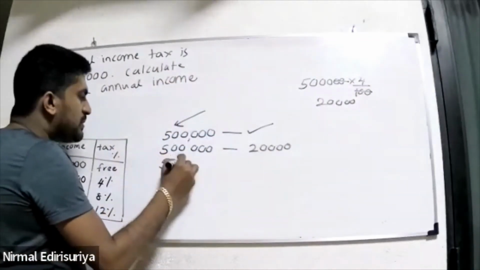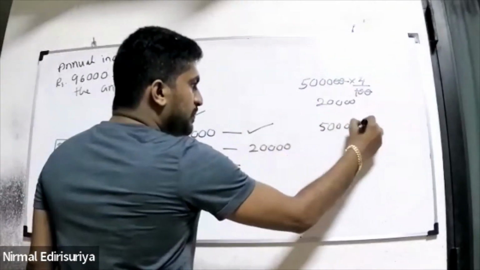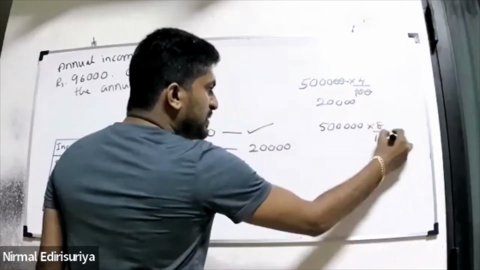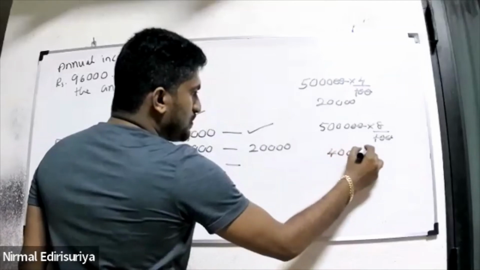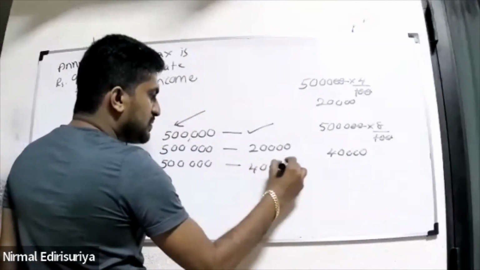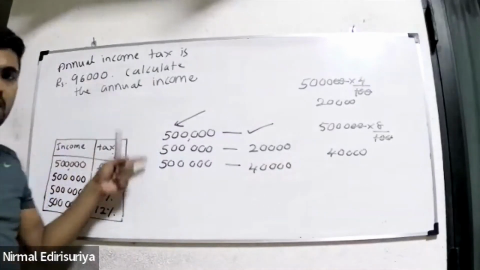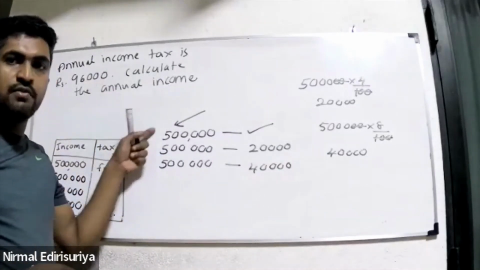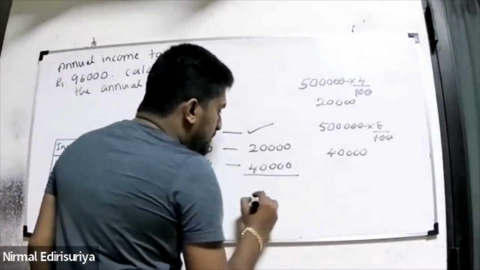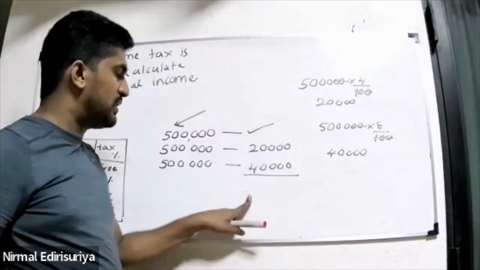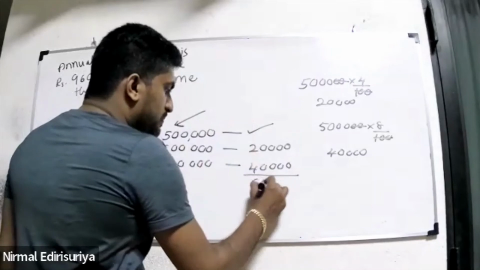For the third 500,000, you have to pay 40,000 rupees tax. Up to here, how much income tax did you pay? 60,000.